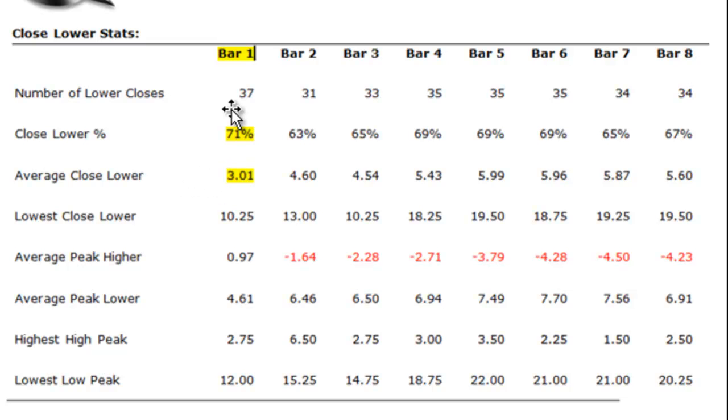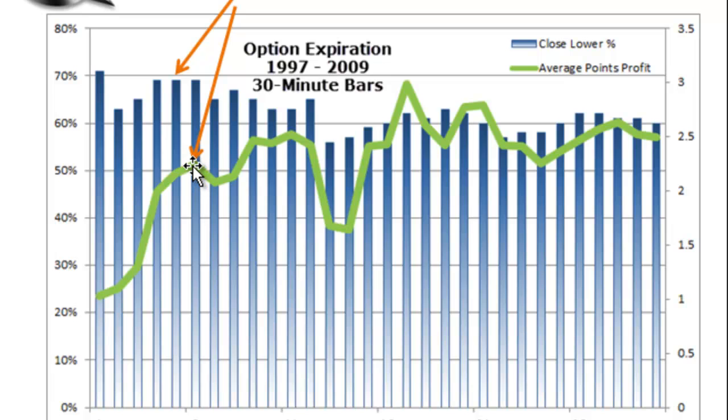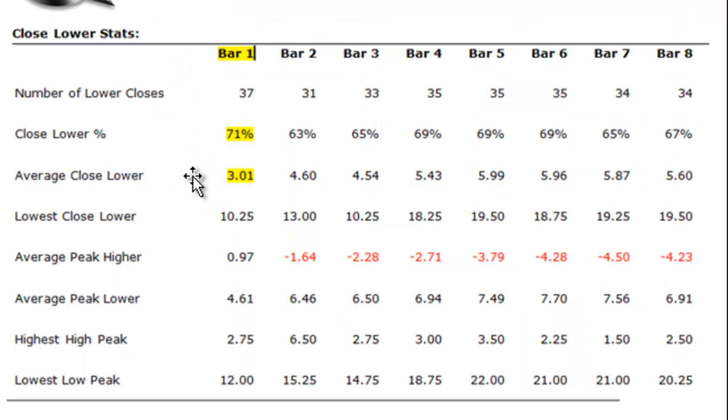So this is only when the market moved down. Whereas this green line here represents both when the market moved up and when it moved down, and you would net about 2.25 points by selling on option expiration every time, inclusive of losers. But this one's showing you that after bar 1, when the market does move down, it moves down by an average of about 3 points.